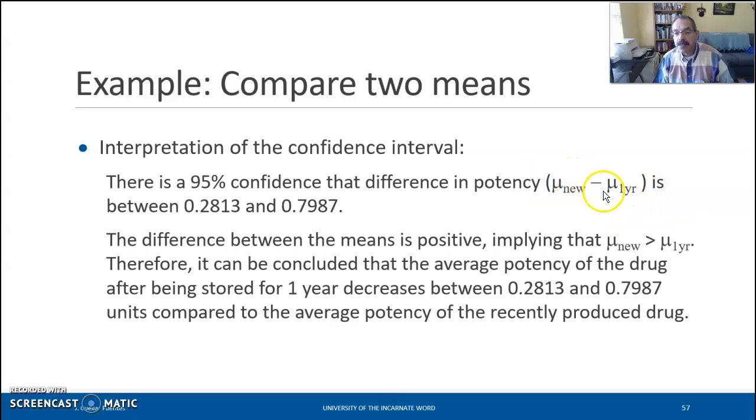So this is a difference, and if the confidence interval shows you the limits being positive, then you know that the first mean is larger than the second mean. And you can use that fact to explain what this confidence interval actually is telling you about the difference of the two means. And I would expect you in an exam not only to give me the first statement, but to proceed and explain what that difference represents in practical terms.